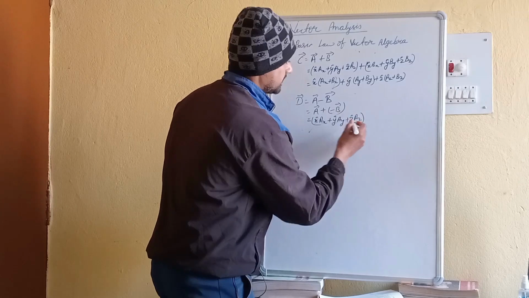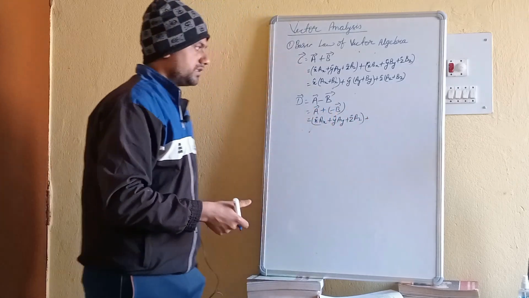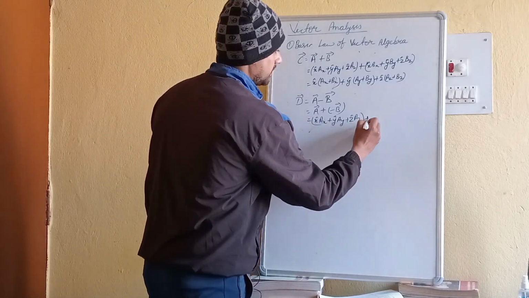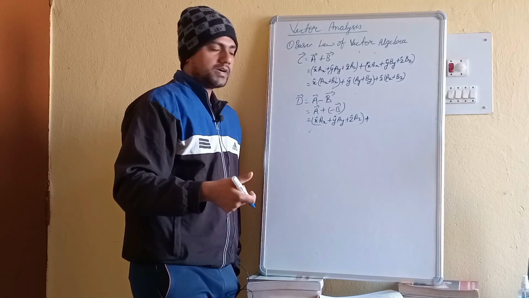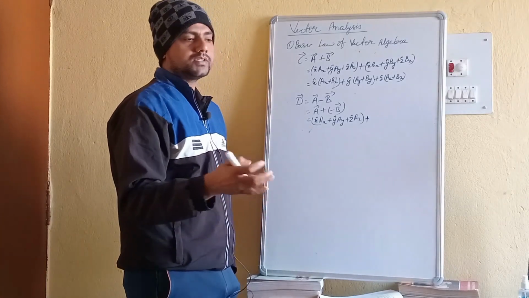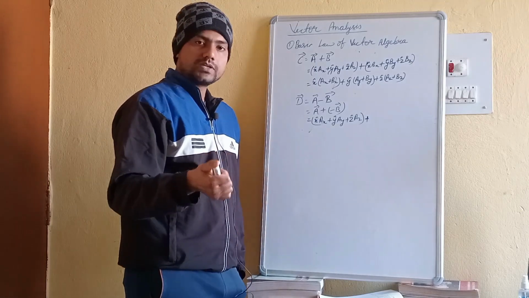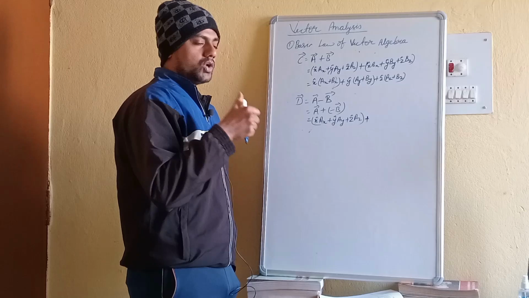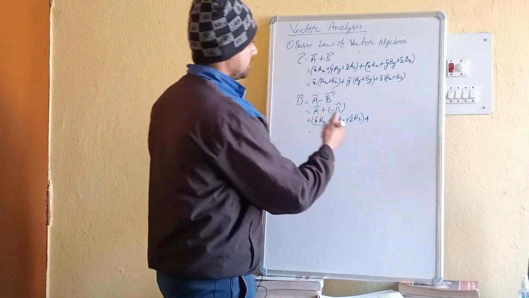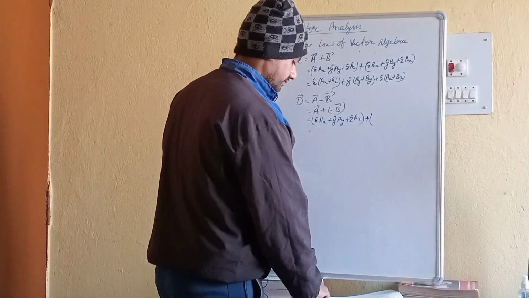So this is vector A. And if it is written minus B vector, it means wherever there is a plus, just like x cap, there I can put minus. If I put minus, it represents only the direction. It means the change in the direction only, not the magnitude. So the magnitude will remain as it is. There will be no change in the magnitude, only the direction will change.